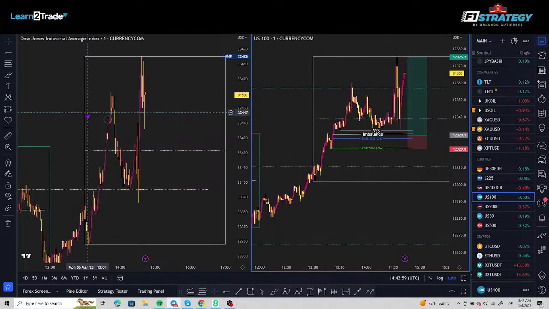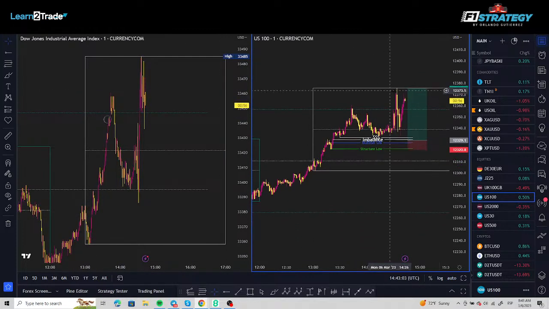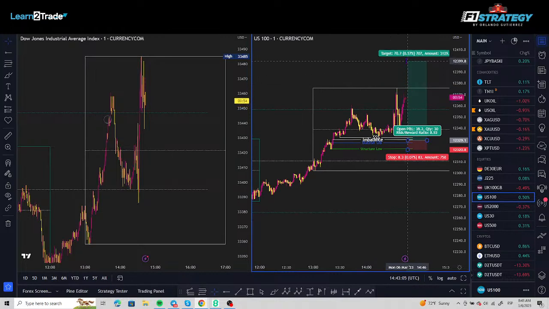And my target's out at 12,400 or something like this. So it's an 8.5R.